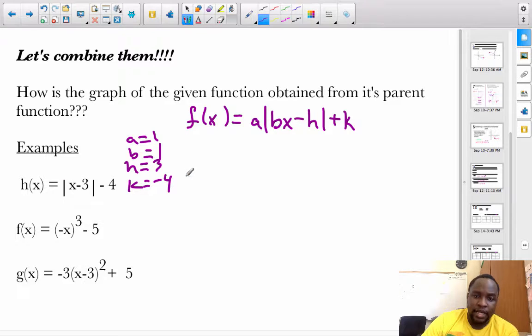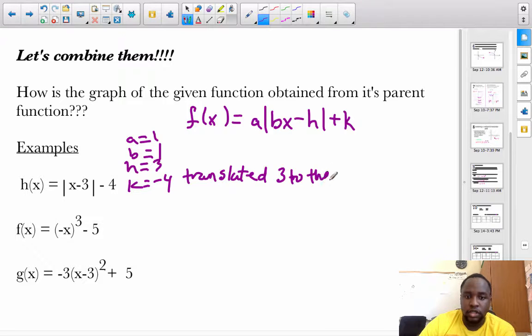So it looks like it is translated 3 to the right and 4 down.